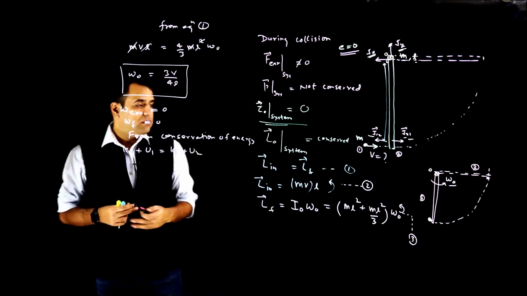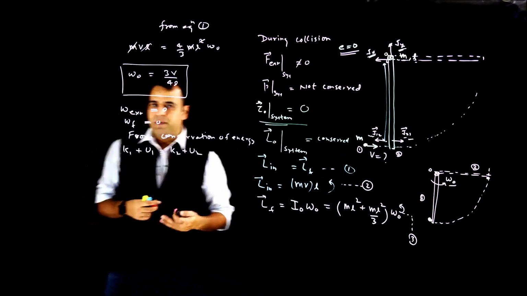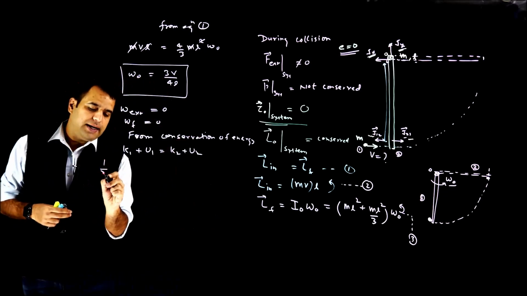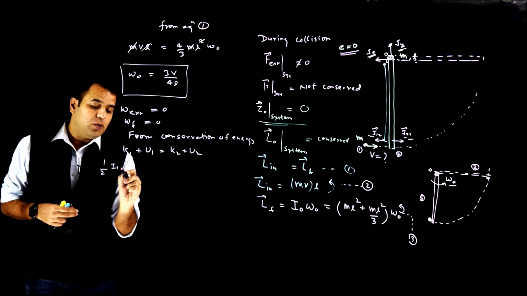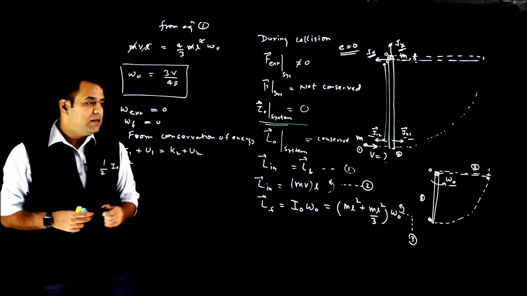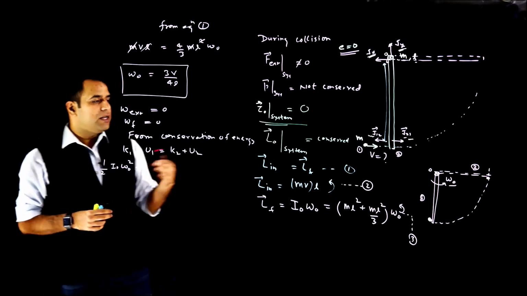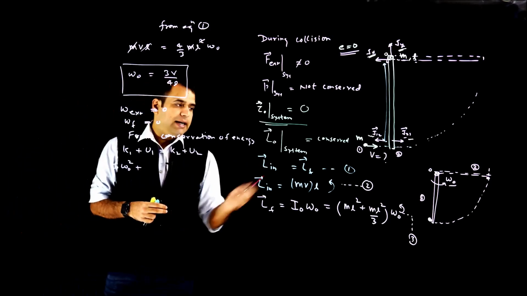So state 1 has the kinetic energy and the potential energy. So kinetic energy at state 1, I'll write half I_O omega naught square, where I_O is the moment of inertia of the whole system and omega naught is the angular velocity at the initial point.